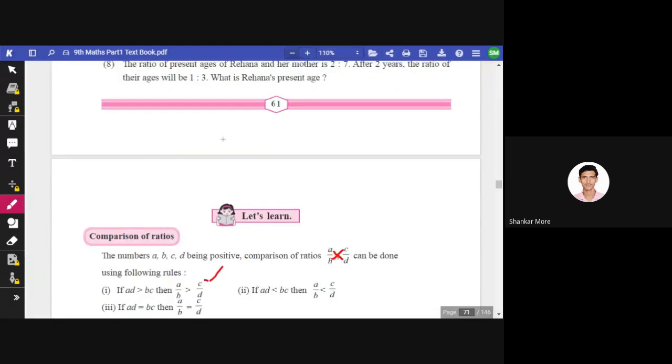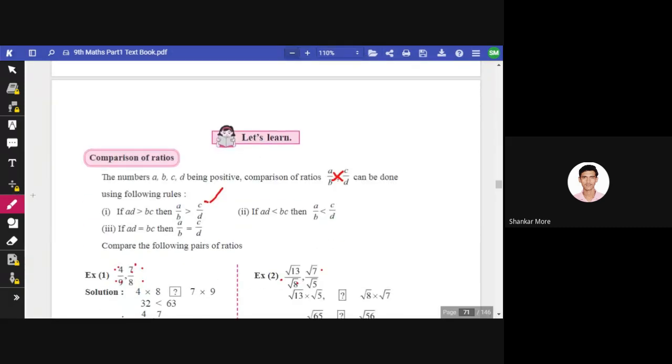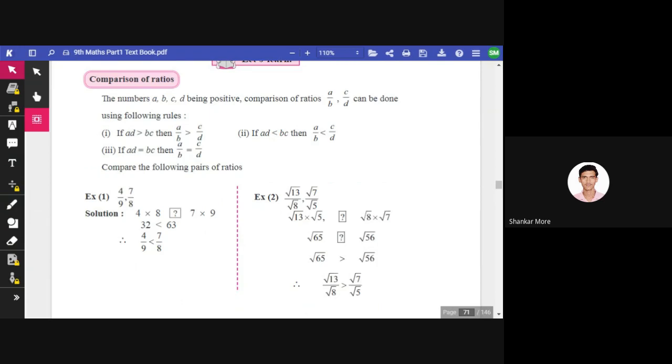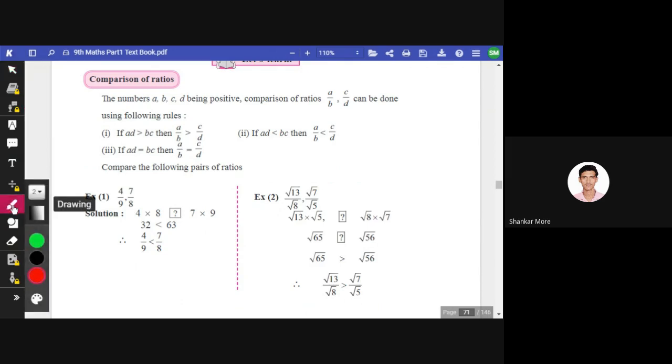Okay, now comparison of ratios. We'll take a new topic here. Comparison of ratios. Which ratio is bigger and which ratio is smaller, that we have to find out. Okay, so in comparison of ratios, the numbers A, B, C, D are positive.